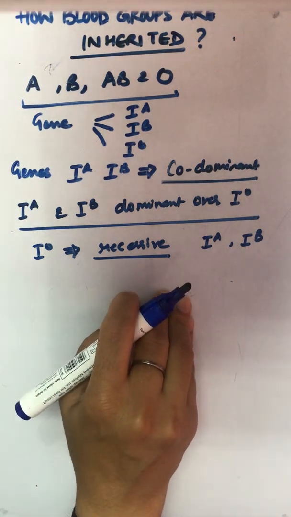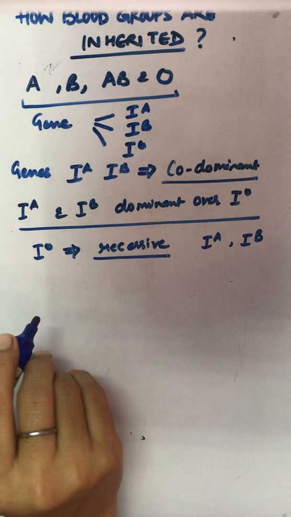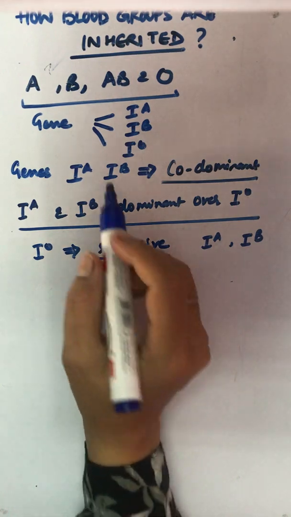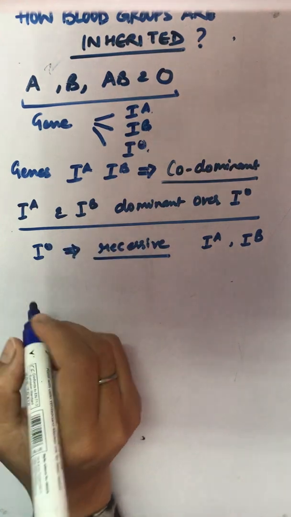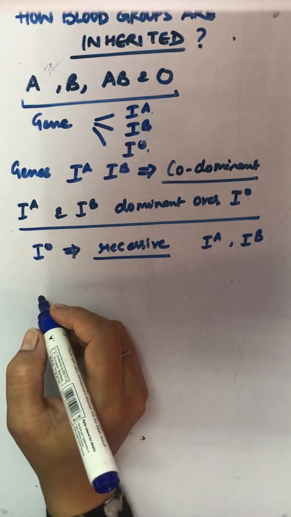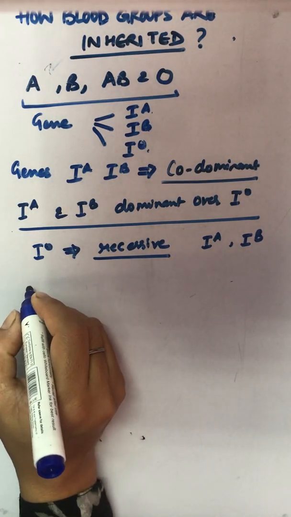Although there are three gene forms for the blood, any person can have only two of them. We know there are three, but a person has only two of them. Two of them means it depends on the alleles.